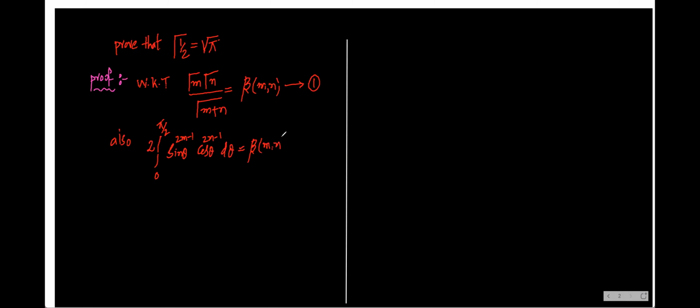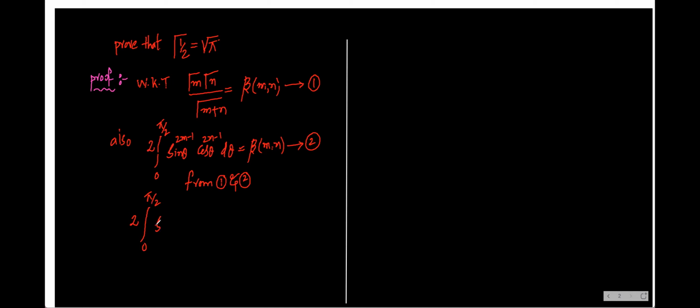And a third property of beta function. See, we joined these two, equation number 1 and equation number 2. If you compare, what do you say from 1 and 2? From equation number 1 and 2, both values are beta of m comma n values. So both of them are equal now. 0 to pi by 2.